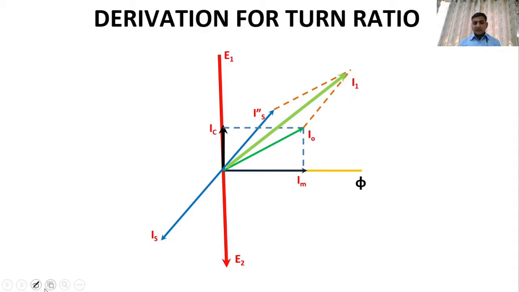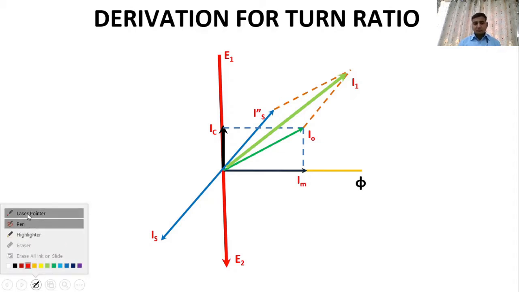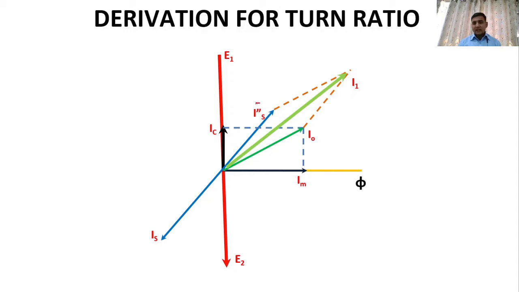Okay, this particular Is dash, which is our compensating current, can be represented in terms of Is dash, which is on the primary side, and Is, which is on the secondary side, as n2 upon n1.